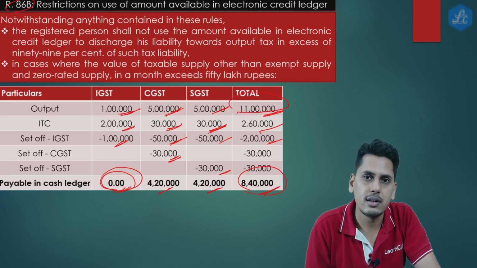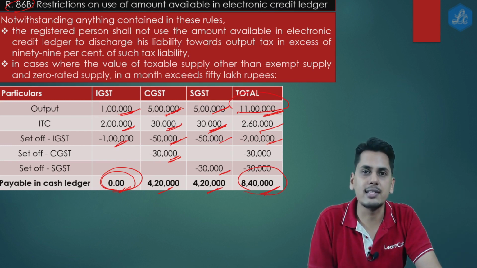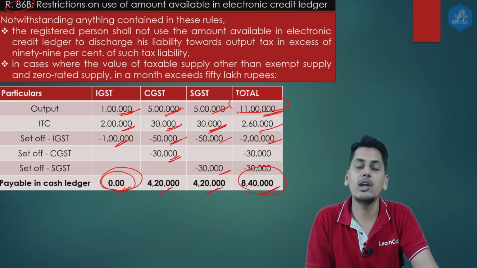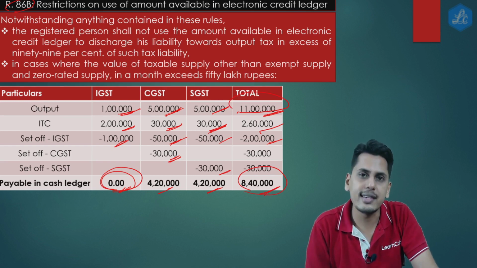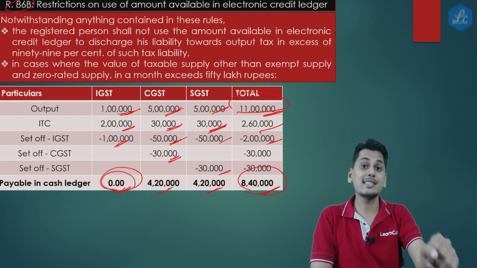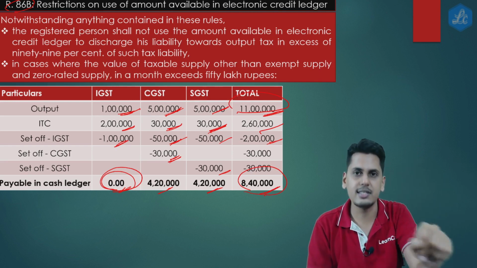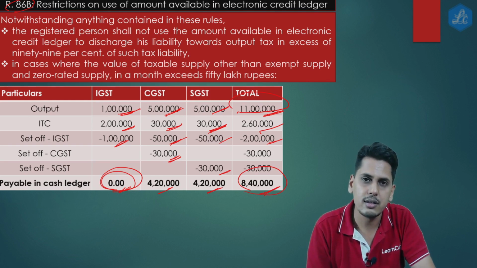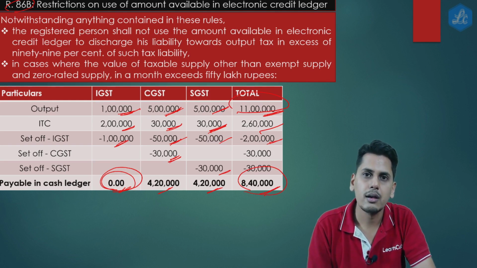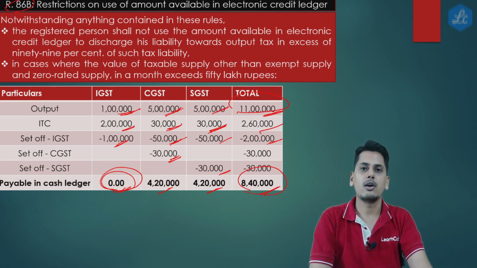The officer says, I am going to apply Rule 86B head-wise and not total-wise, because the law of IGST is different, the law of CGST is different, the law of SGST is different. There are different laws, different rules applicable differently on each tax head.